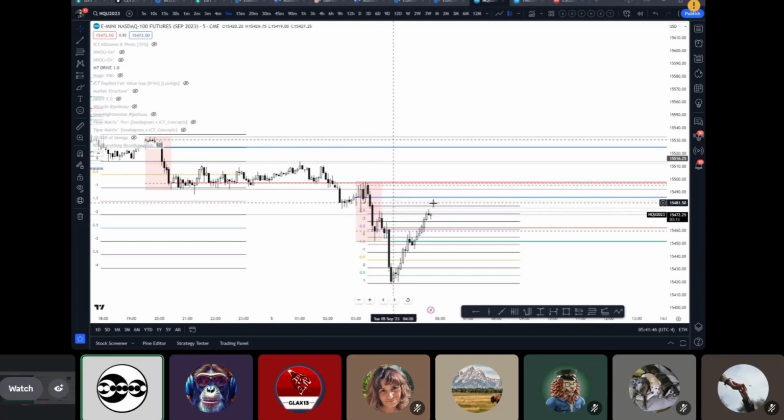And then we would like to see it wick and or kiss, I'll say, the DR right above that. That would give us a premium PD array that would play out the 330 candle. That would bring us back to open price. And we wouldn't want to see price enter back into the Asian range.